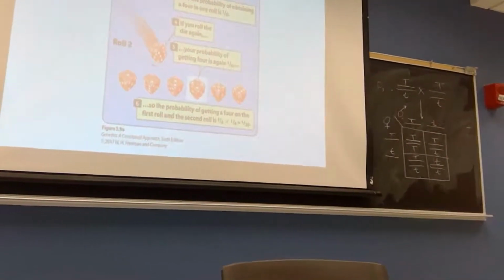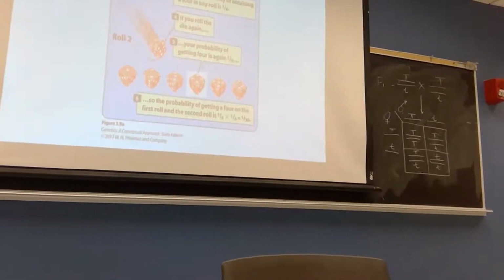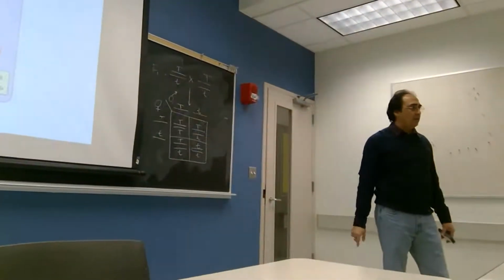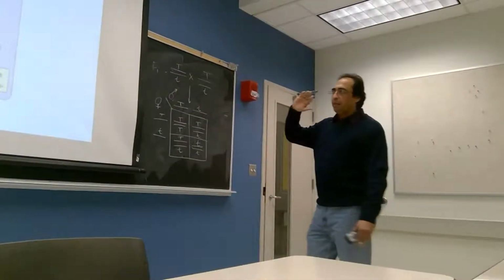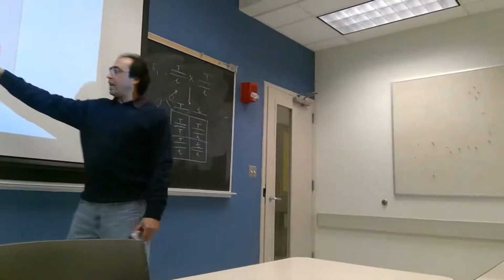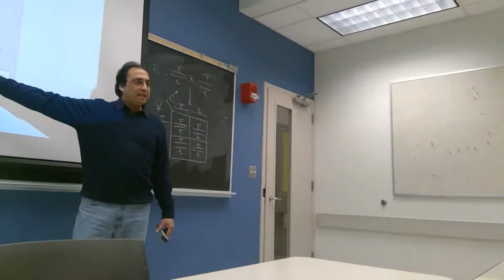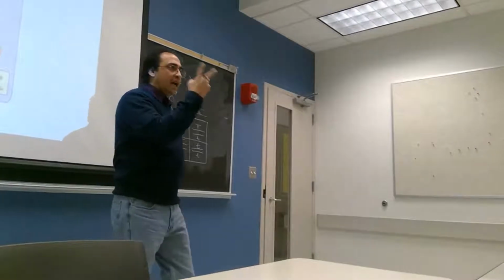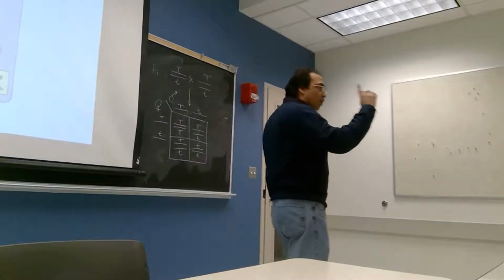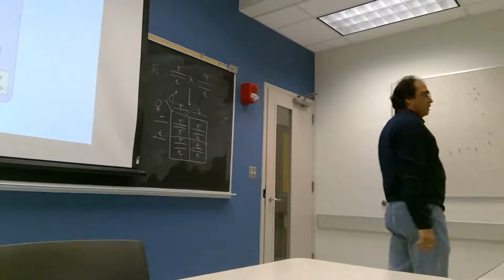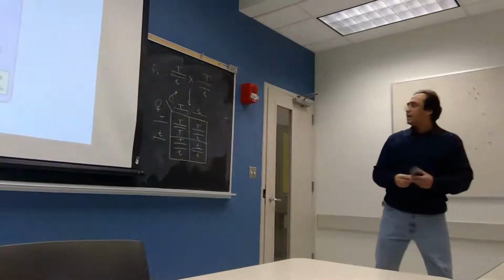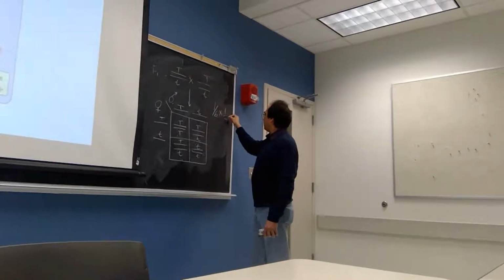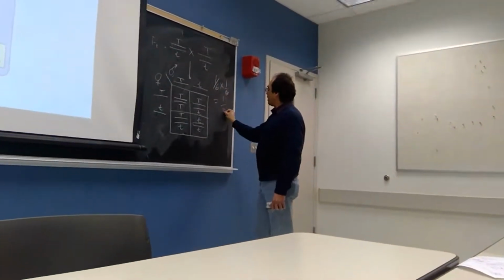The first roll of the die does not have any kind of effect on the second roll. So this is a totally independent event. The second time I can get that one, that is also 1 by 6. But if I want to roll a die twice and get 4 in both cases, that probability is 1 by 6 times 1 by 6, which is 1 by 36.